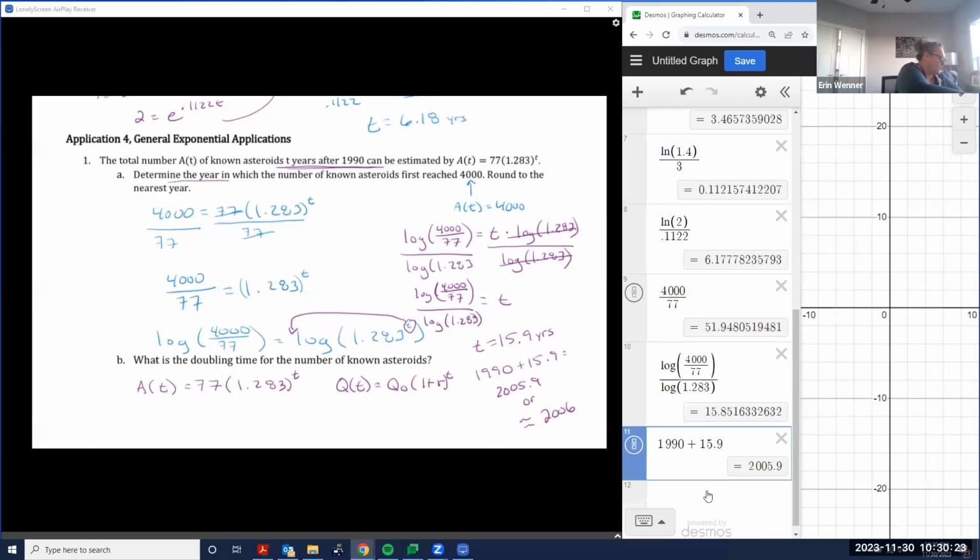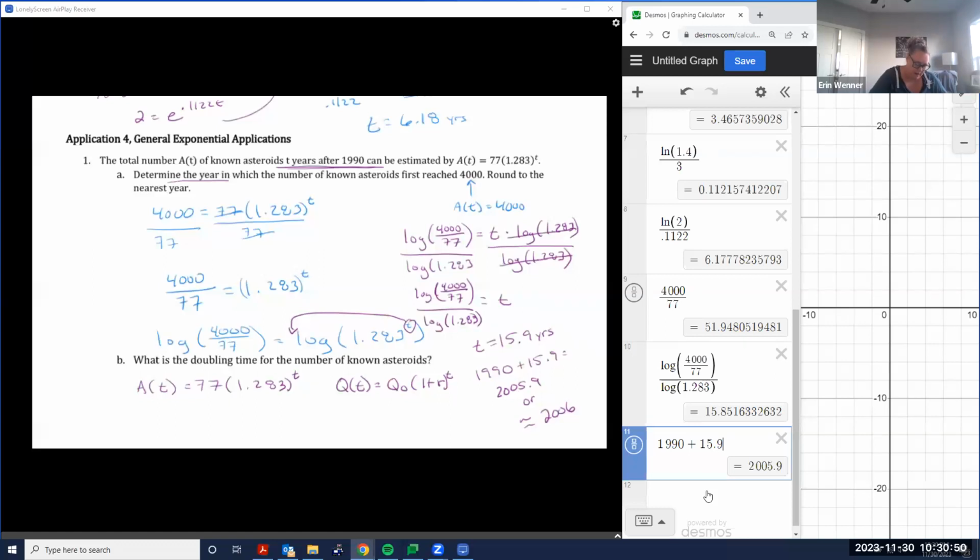This would have been back in 5A, right? We looked at this formula.